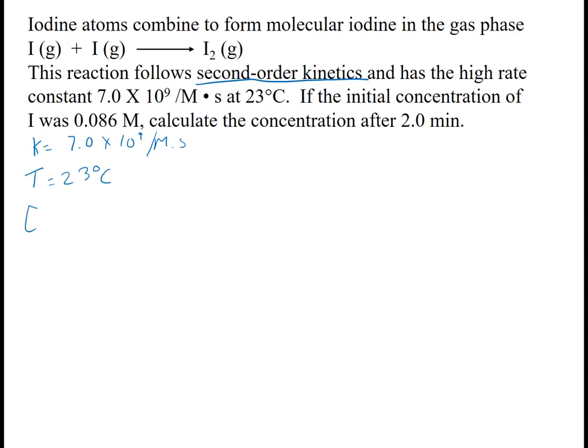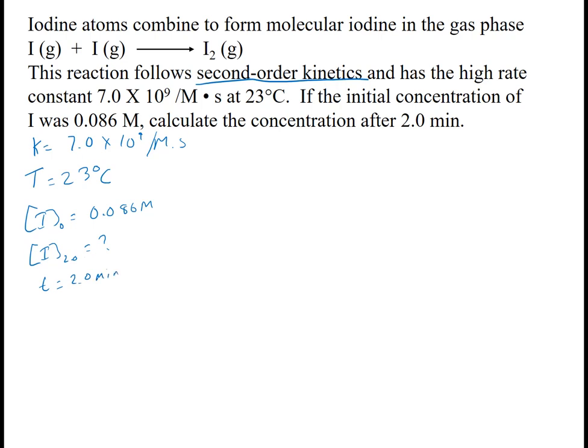And it tells me that the initial concentration of I was 0.086 molar. They want to know what the concentration is at 2.0 minutes. And of course, my time then is 2.0 minutes.